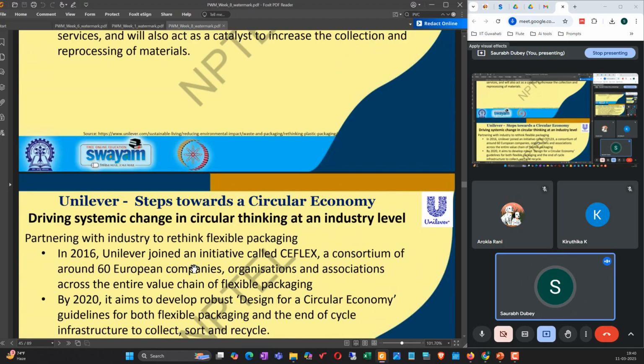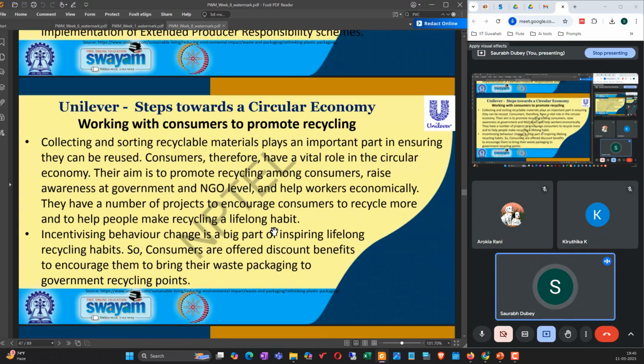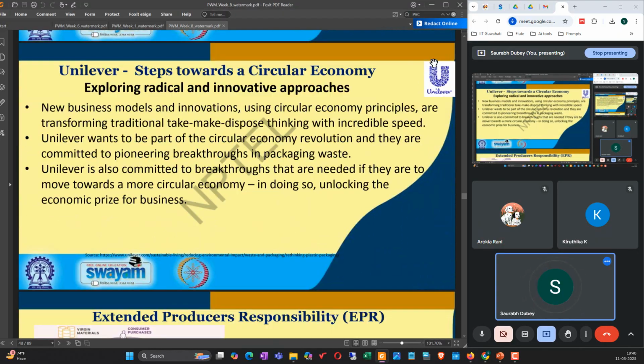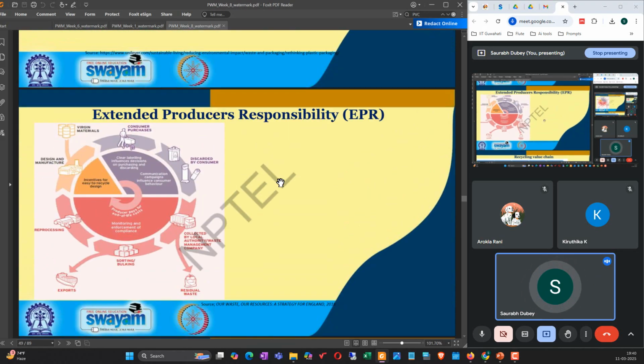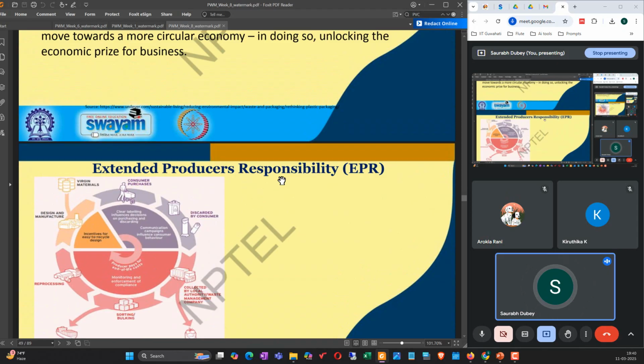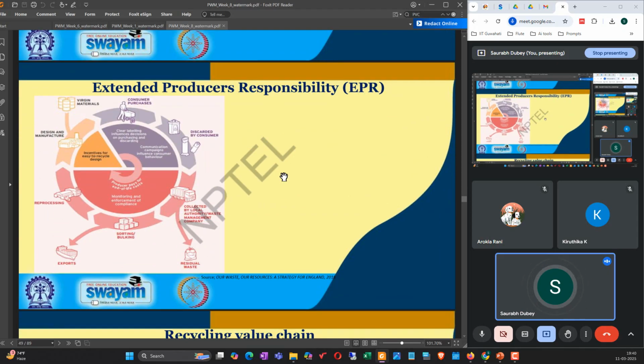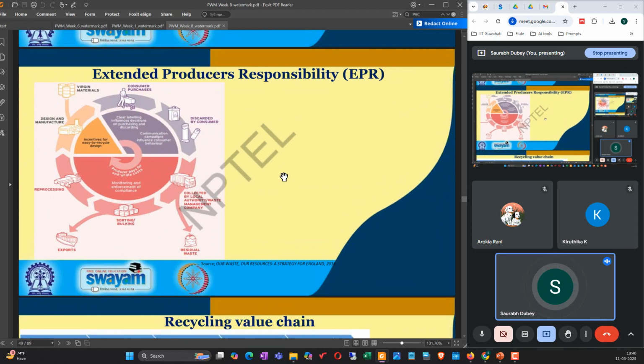But only one company is going for that. So more of such steps have to be taken in order to fulfill the requirement of the capacity of waste that is being produced in India right now, right?